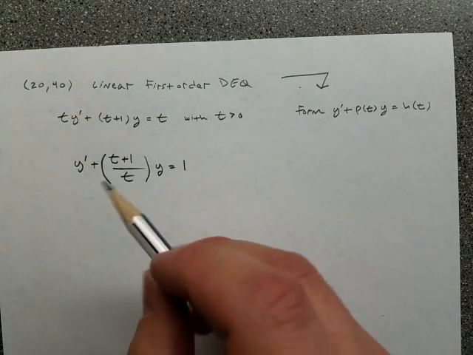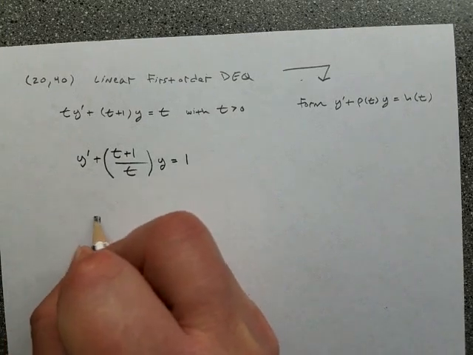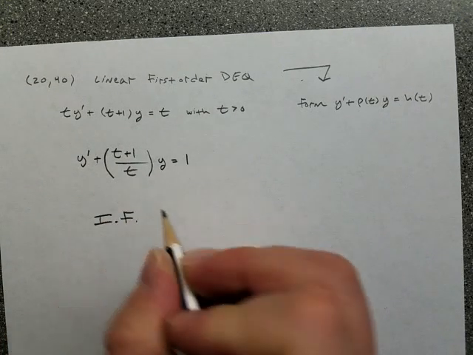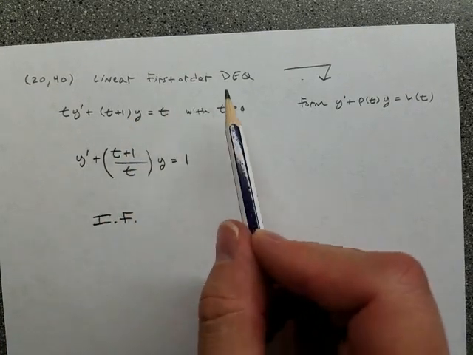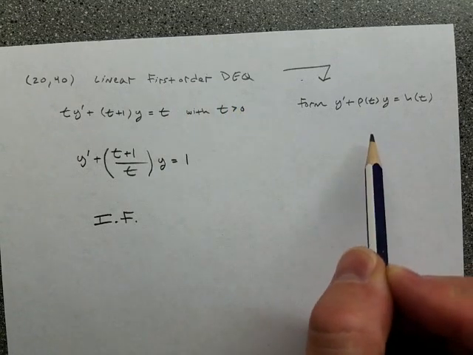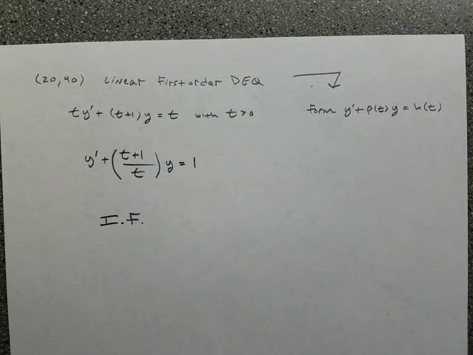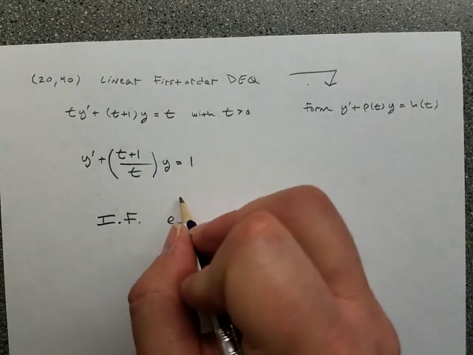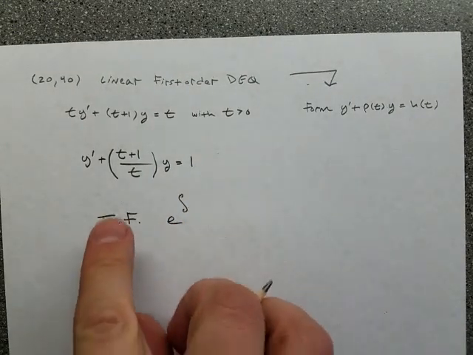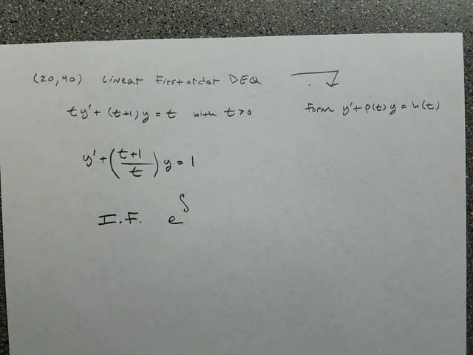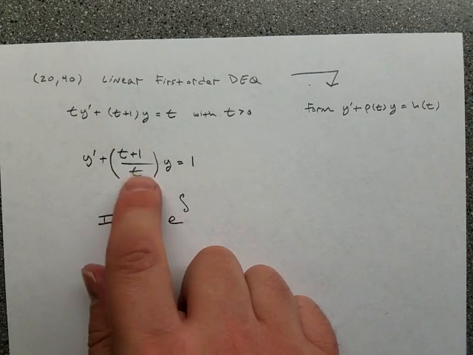All right, now, you remembered that the whole key with solving a linear first order differential equation is the integrating factor. The integrating factor would be e to the power of the antiderivative of this thing.